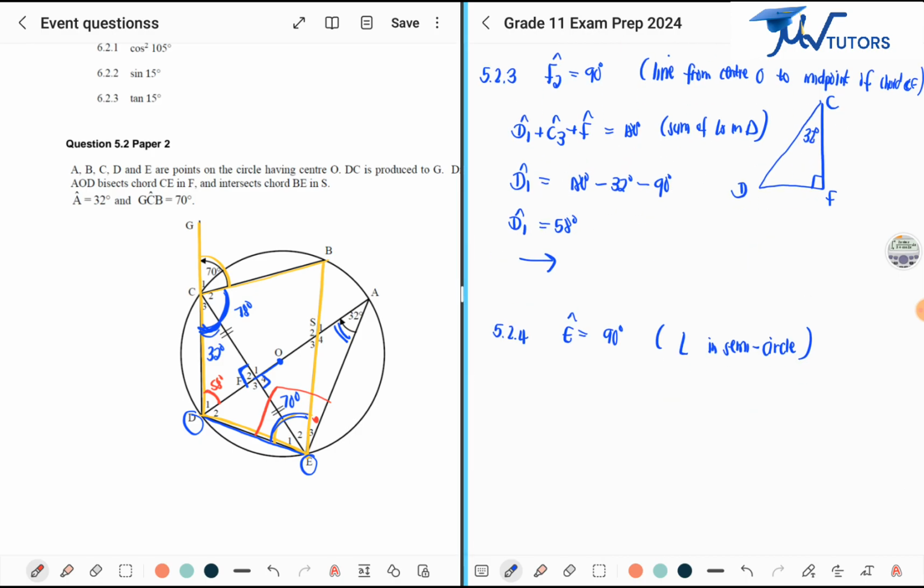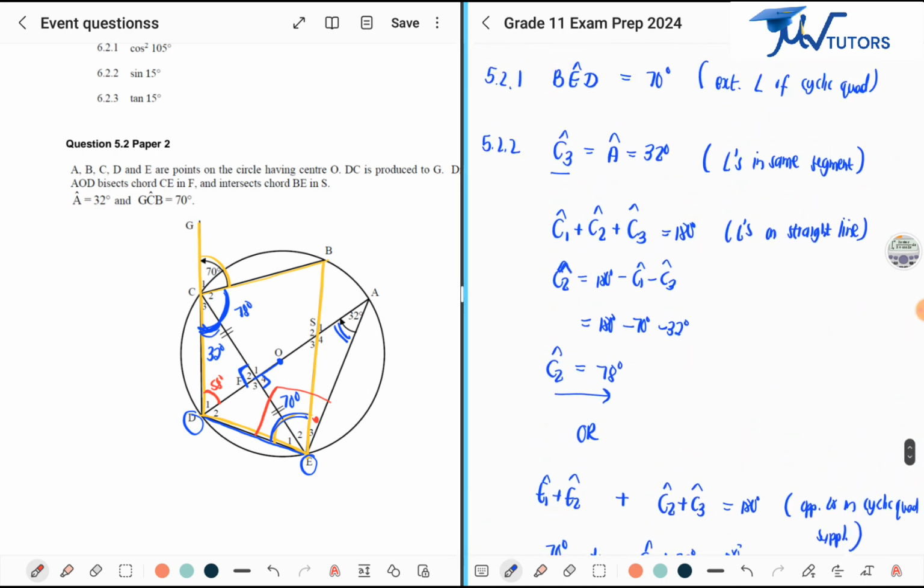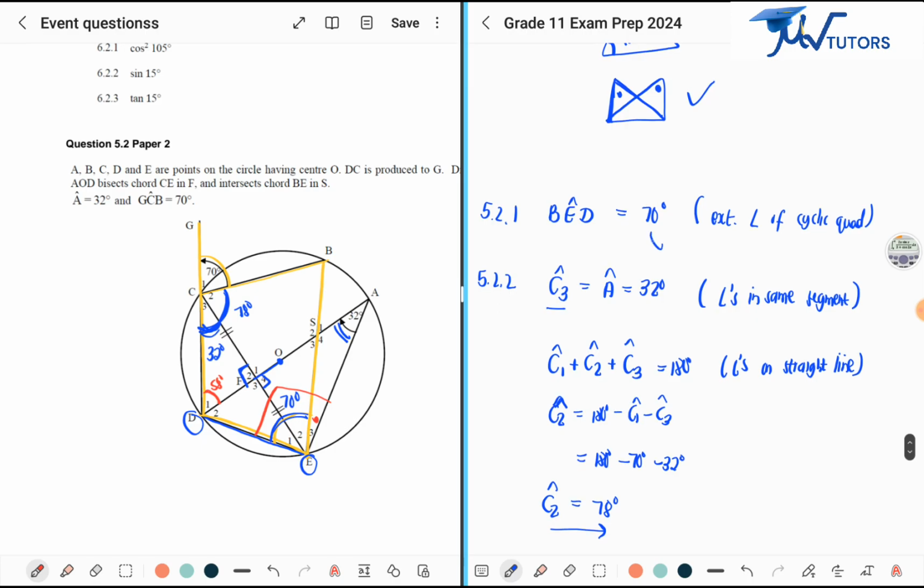Now we can say E1 plus E2 plus E3 is equal to 90. I have E1 plus E2, which is 70 degrees.